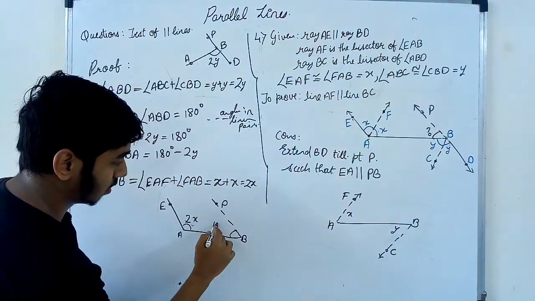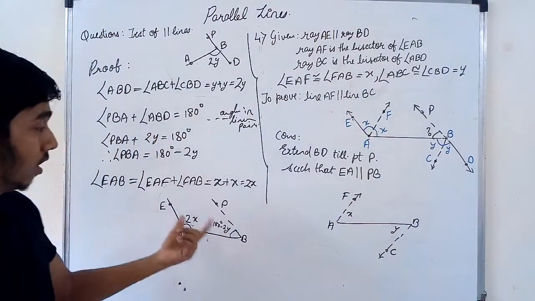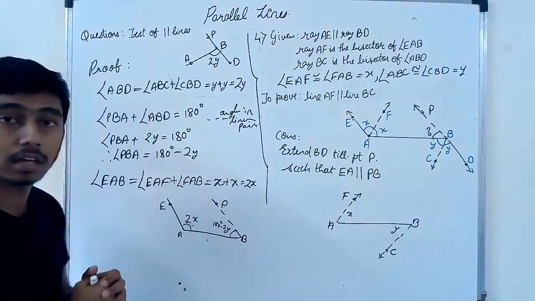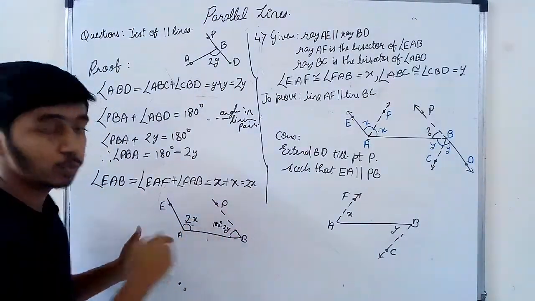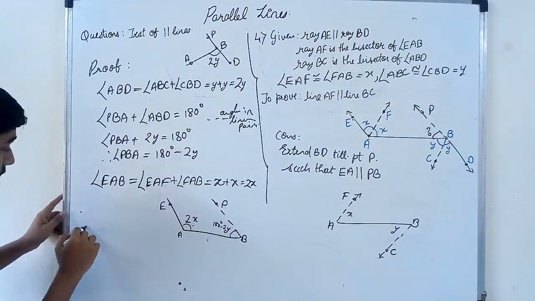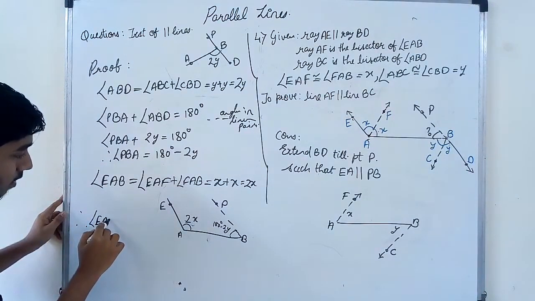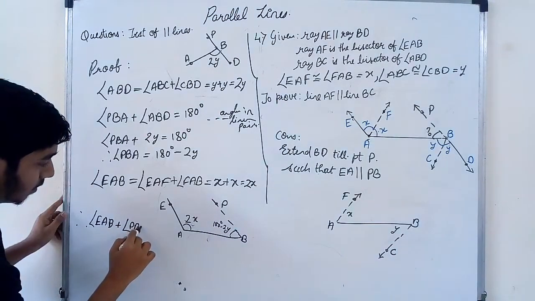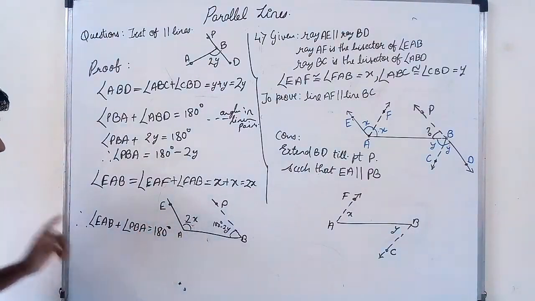Now these two are forming, sorry, not linear pair, but interior angles, correct? EA is parallel to PB, and AB is the transversal. Therefore we can say that angle EAB plus angle PBA is equal to 180 degrees, okay?